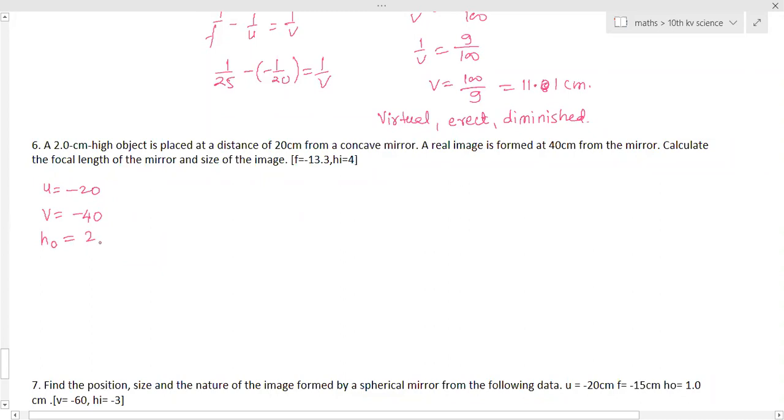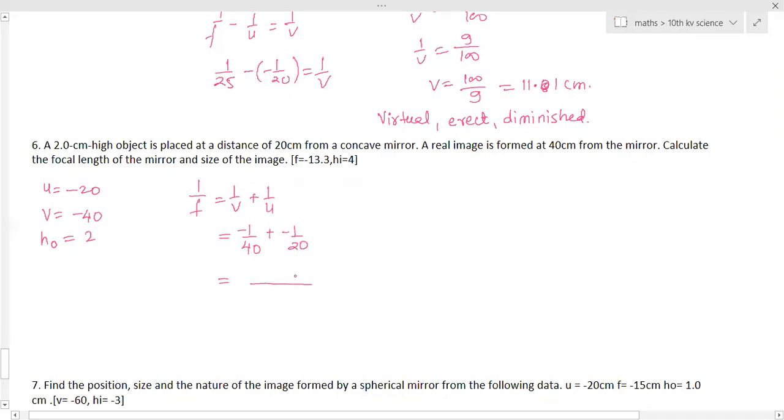Then we are using the mirror formula. Mirror formula is 1 by V plus 1 by U is equal to 1 by F. So 1 by minus 40 plus 1 by minus 20.